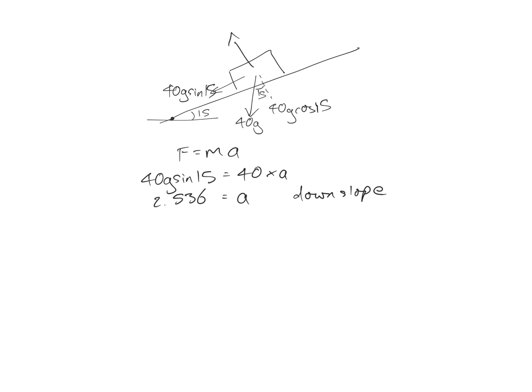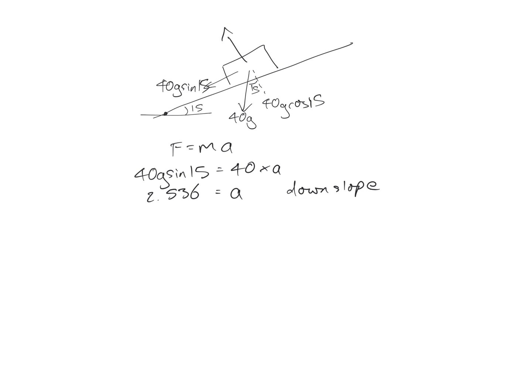Okay, and we know that it is going up, so with our SUVAT, we know that the distance is 13.0 meters. We know that the u is 8 up, but the distance is 13 down. We know the acceleration is minus 2.536. These are all important things, and we're trying to find the time.